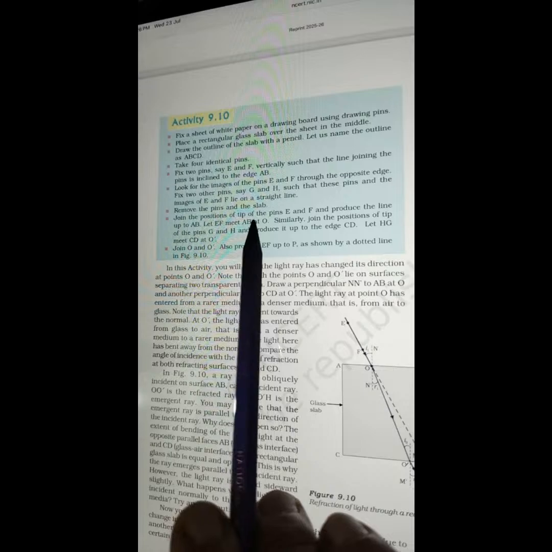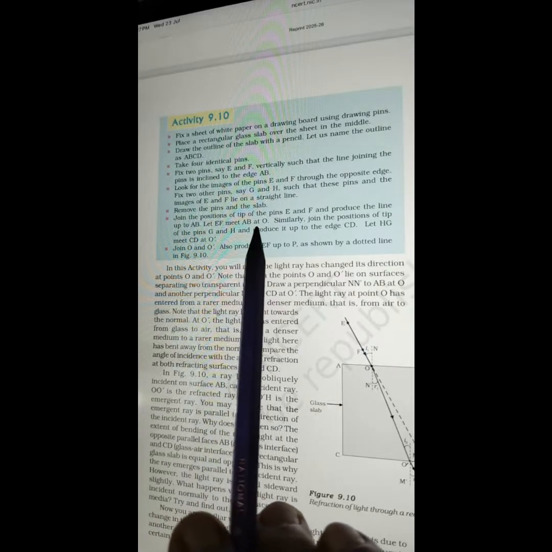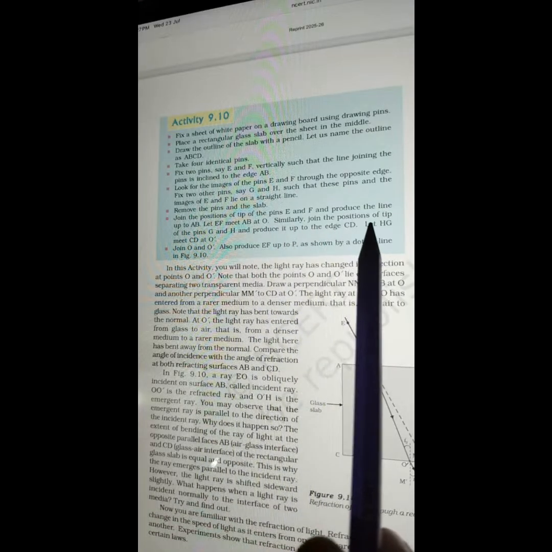Join the positions of the tips of the pins E and F and produce the line up to AB. Let EF meet AB at O. Similarly, join the positions of the tips of the pins G and H and produce it up to the edge CD. Let HG meet CD at O dash. Join O and O dash. Also produce EF up to P as shown by a dotted line in figure 9.10.